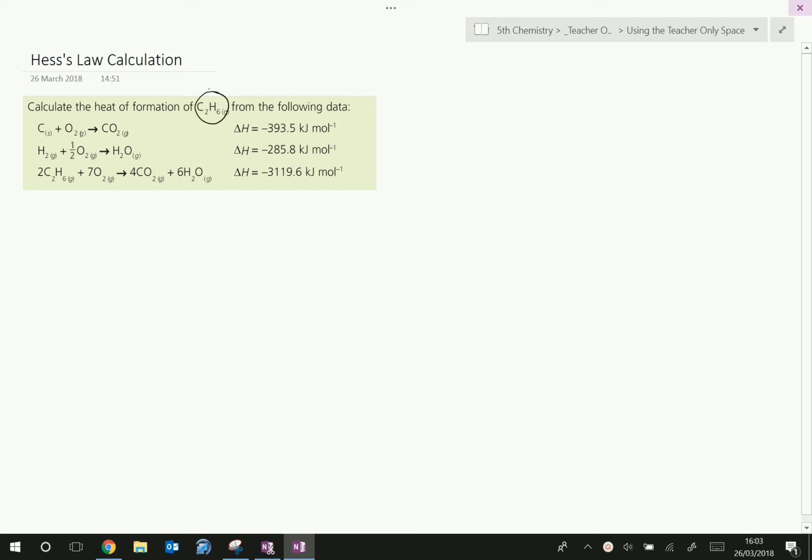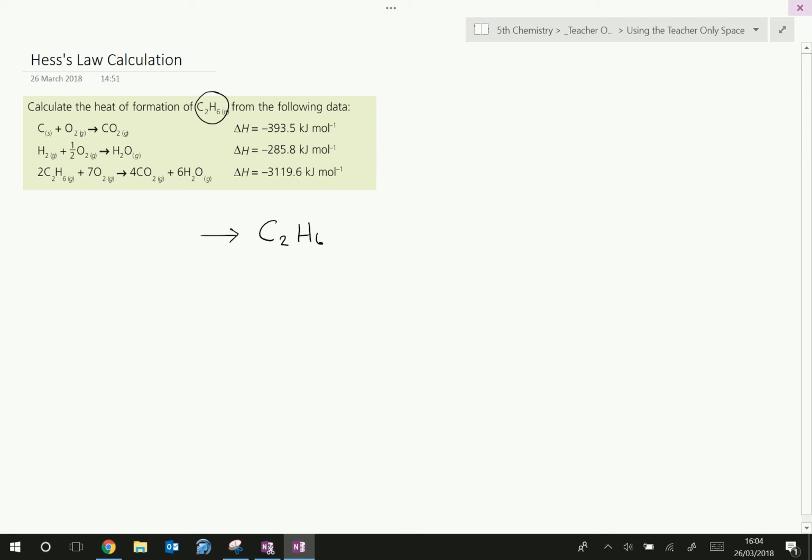So before I begin, I actually need an equation for that. So I need the formation equation for C2H6, for ethane. To write a formation equation, we put in our arrow first, and then we put our product on the right hand side, what we want to form.